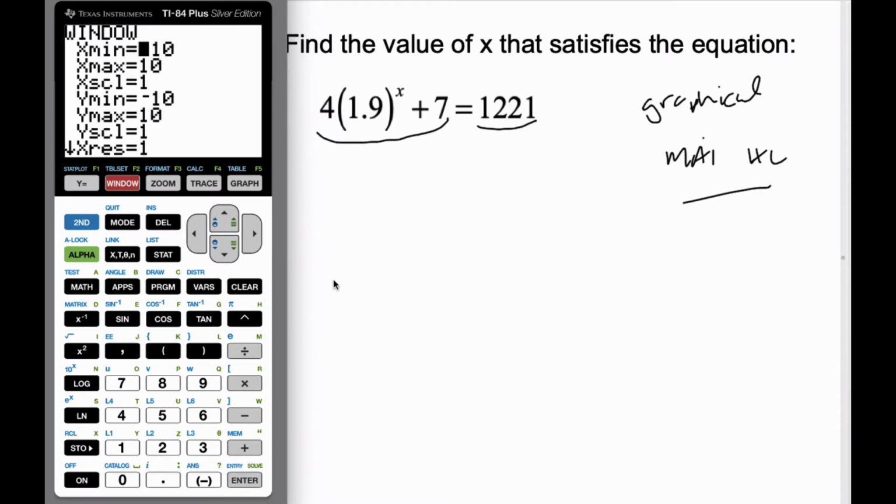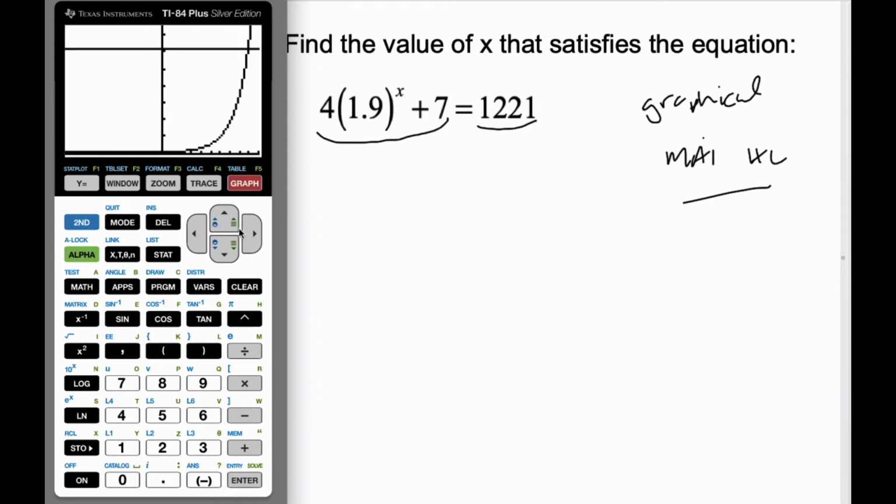My y, I'm going to make my y maximum go up to 1500. And I'll also make this y scale here, which are the tick marks, let's go by 200s. And then if I'm going to graph it, each of these tick marks here represents 200. And so here, I need to find this point of intersection.